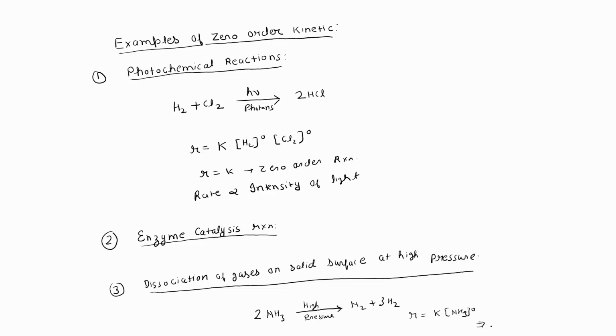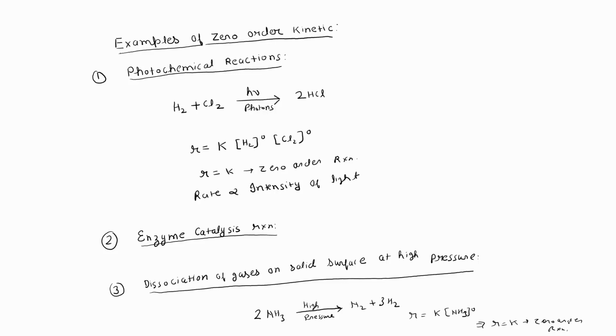It means rate is equal to k, which is constant, which is a zero order reaction. So these are some examples for a zero order reaction.